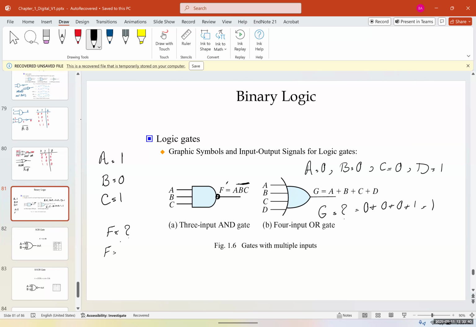What is F and what is F prime? Output. Yes, correct. So this is like having an AND gate connected to a NOT gate. So if I have 1, 0, 1, the AND result would be 0, the final result would be 1. So this F prime would be equal to 1.